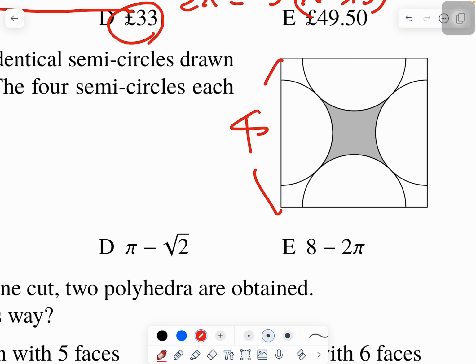We don't know the radius of these semicircles, but they are together. And when we draw the diagonal here, this is the tangent of the circles. When the line is tangent to the circles, it makes the 90 degree like this.